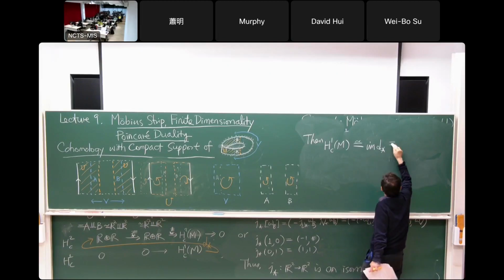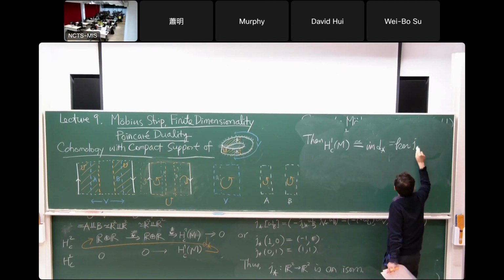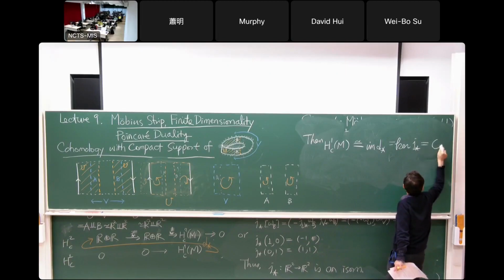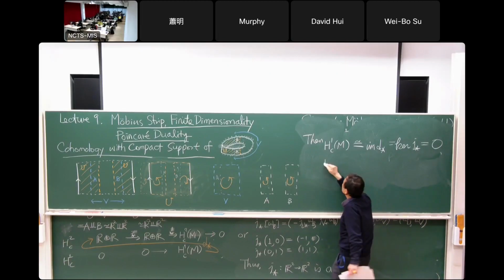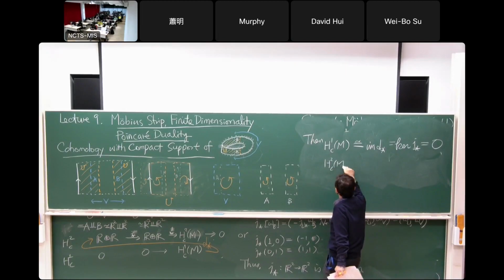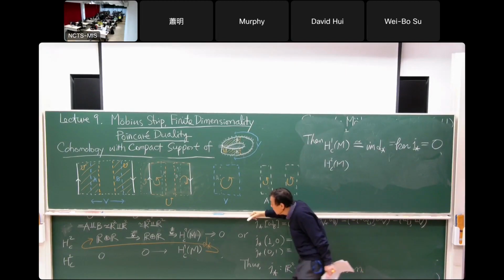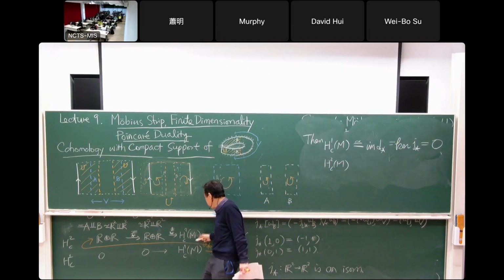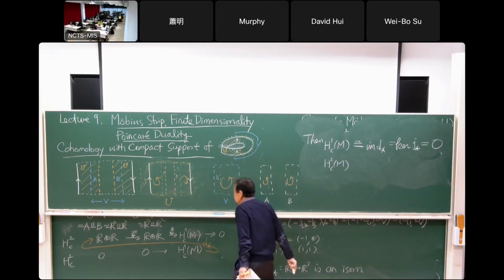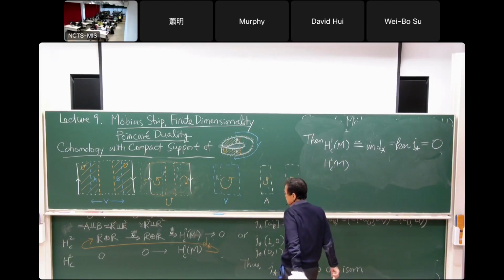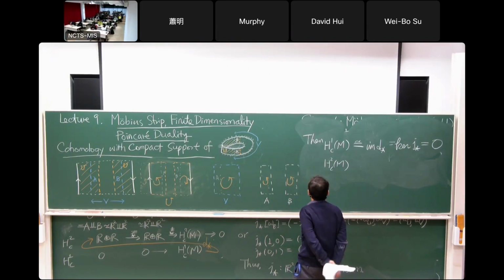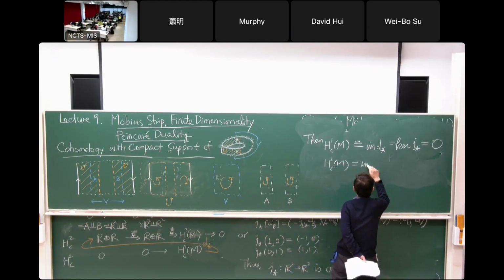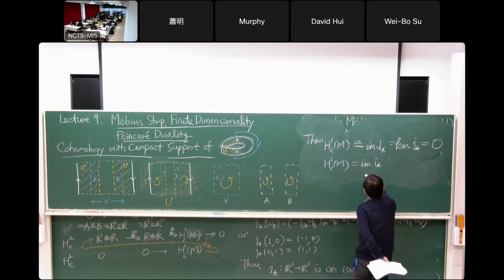And that's equal to the kernel of J star, and J star is an isomorphism, so it's 0. And then H2C of M, because this is surjective, it's the image of I star. And by the first isomorphism theorem, that is the domain R2 over the kernel of I star.